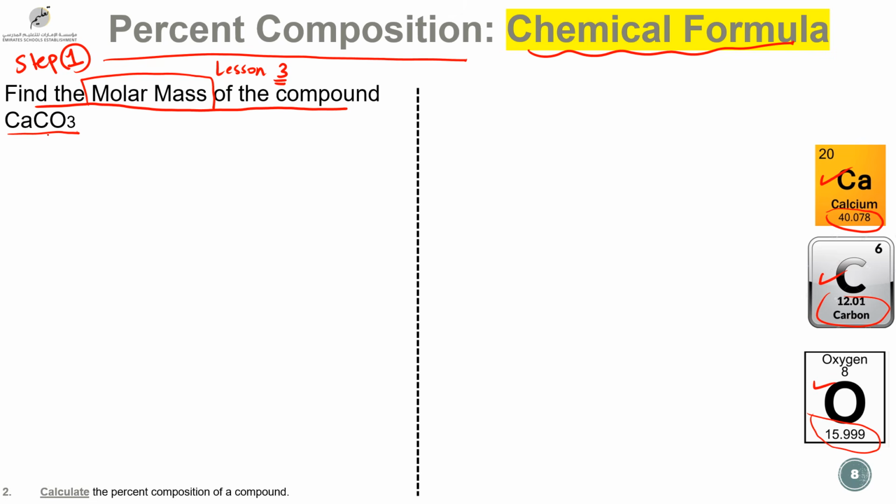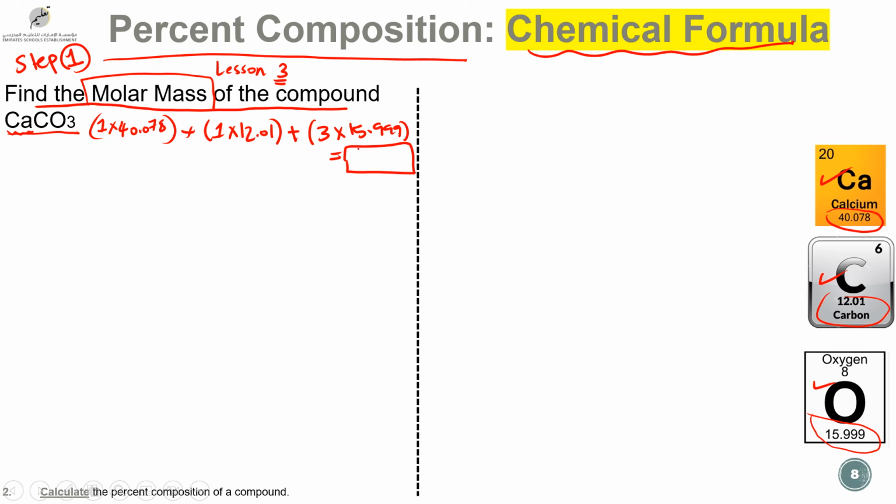There's a quick way and a lengthy way. The quick way is to see how many Ca we have. We have 1, so 1 times 40.078 plus how many C do we have? 1 times 12.01 plus how many oxygens do we have? 3 times 15.999, and you get your answer.